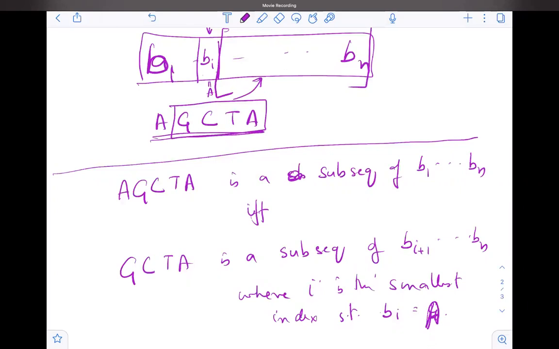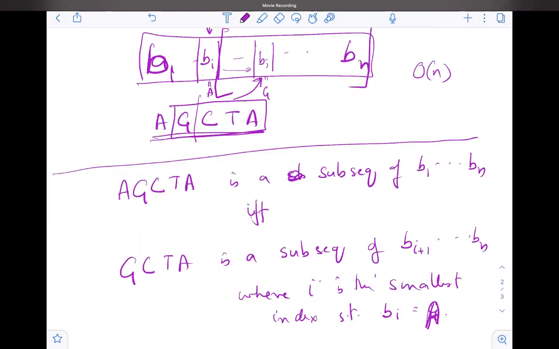Once I find something, I find the next Bj which is equal to G, and I continue like that. So it is basically order m steps. In order m steps, you can check whether a particular sequence is a subsequence of another sequence.